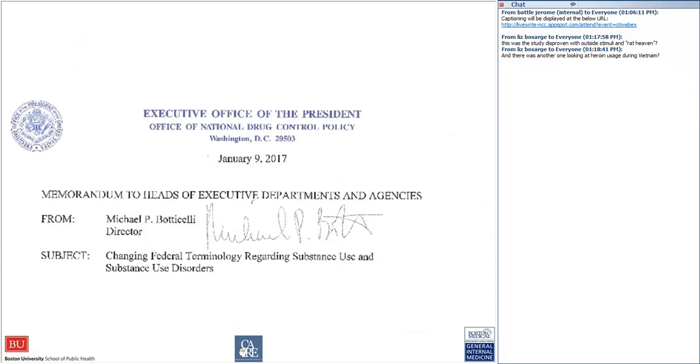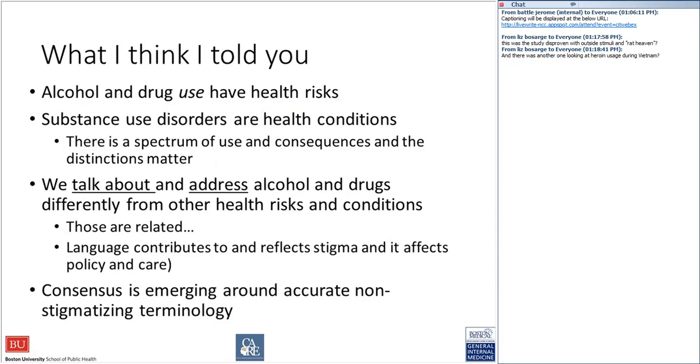Look at the date on this, which is January 9th, which of course is before the 20th, so it's not clear how this is being or will be implemented. But Michael Botticelli, who was in the Office of National Drug Control Policy at the time, was able to get a memo out basically telling the federal agencies that they ought to use accurate, non-stigmatizing terms, just like I'm recommending to you today. And despite the agency names, he was requiring that across federal agencies. It's really an impressive document that you can still find online.